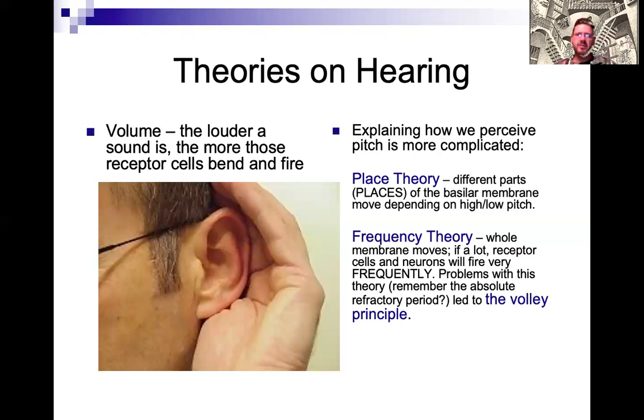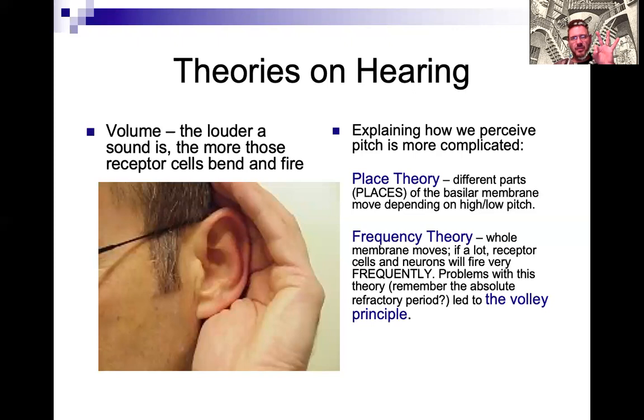So it seemed like frequency theory might have been incorrect until somebody came up with this addition called the Volley principle. The Volley principle says, look, frequency theory is right, but these hair cells must work in teams. Like let's say teams of 3. We'll isolate 3 little receptor cells here in the basilar membrane, inside the cochlea, and maybe frequency theory is true, but it has to happen like this.